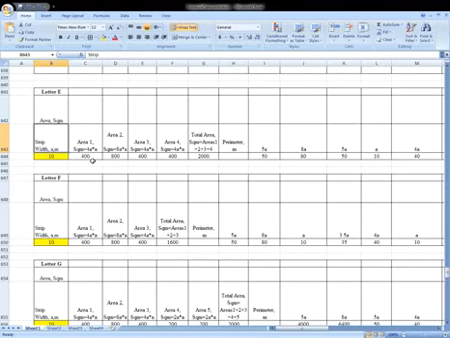Area 1, 4 into A. Area 2, 8 into A. Area 3, 4 into A. Area 4, 4 into A. Sum of these areas is this.